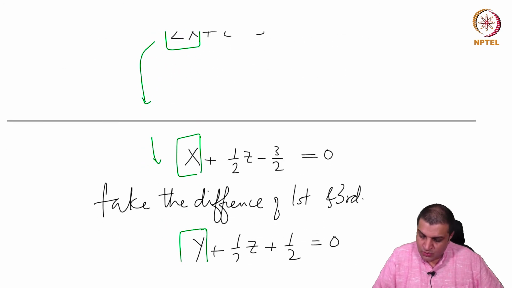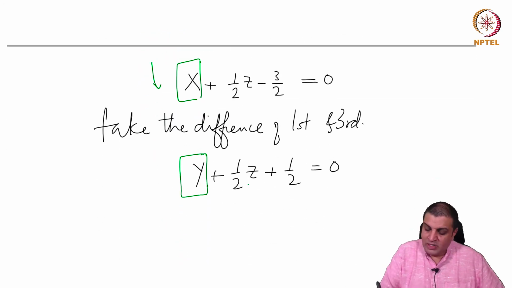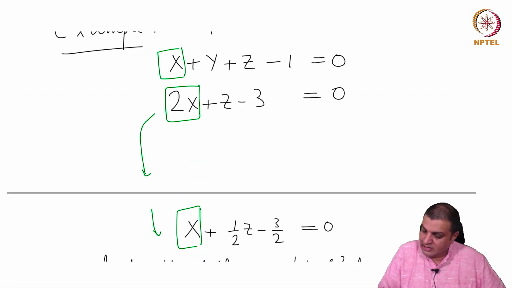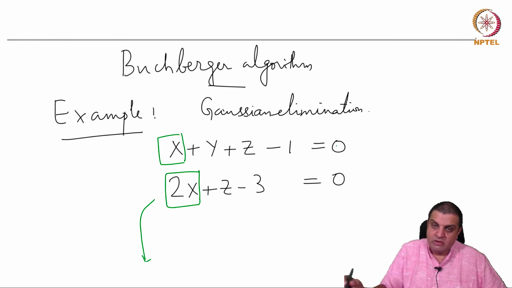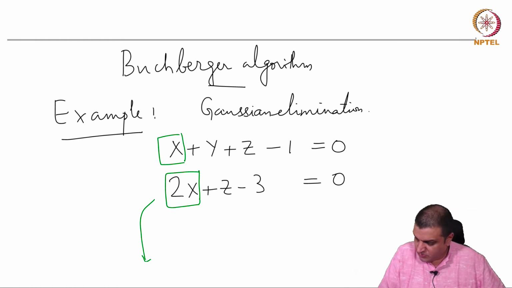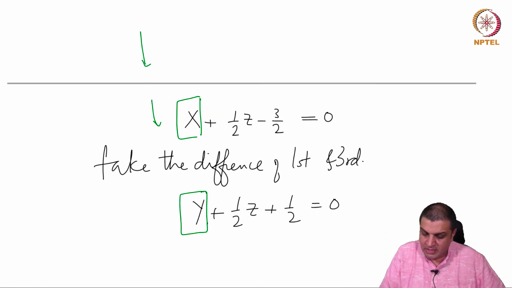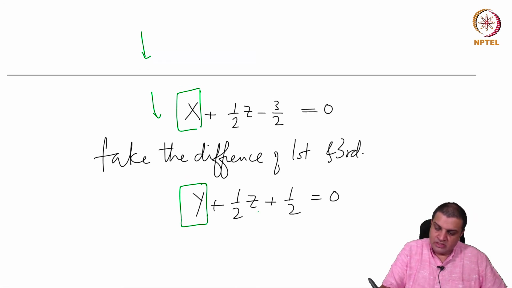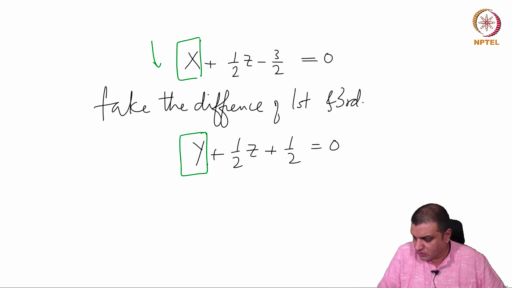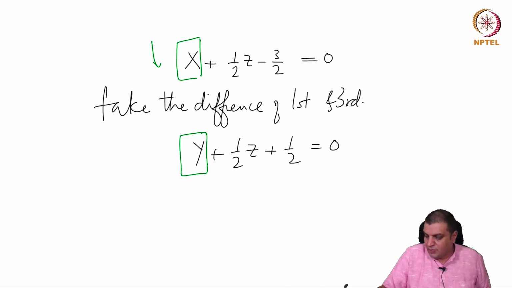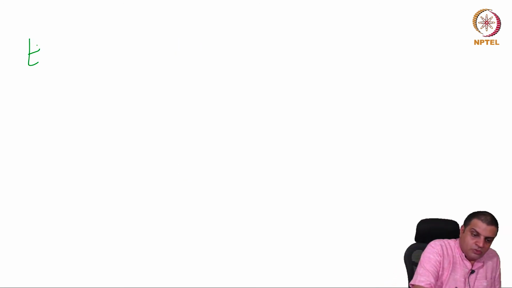So we will now solve for y, we'll set arbitrary values to z and solve for y, and then go back to this equation and solve for x. Okay, so that's how Gaussian elimination works. Or we could use these two equations, give arbitrary values to z and then solve for y from here and solve for x from there. Okay, so this is what we did in Gaussian elimination. Okay. Now example 2.